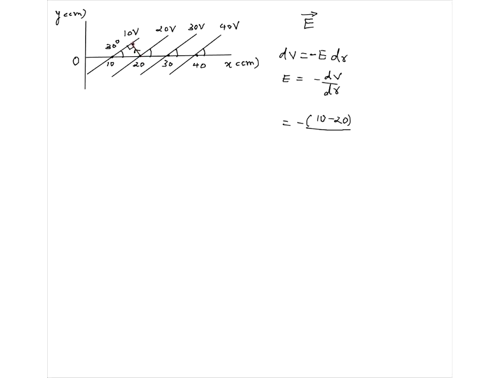How much is this distance, dr? This is 10. This is 30. So how much is that? This is 10, this is 30, so this is 60. 10 cos 60.